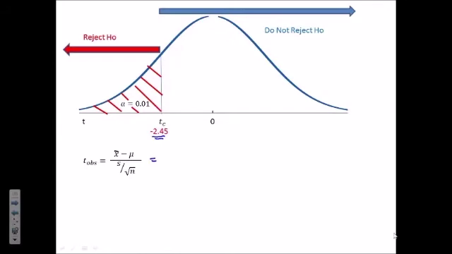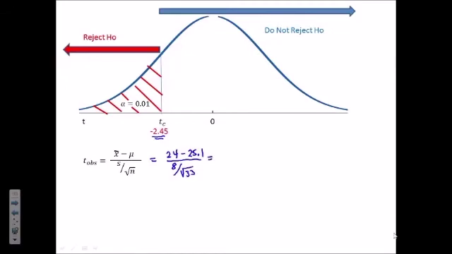To find T observed, we put in X bar, which was 24, and we said that mu was 25.1, S was 8 over root n, where n is 33.